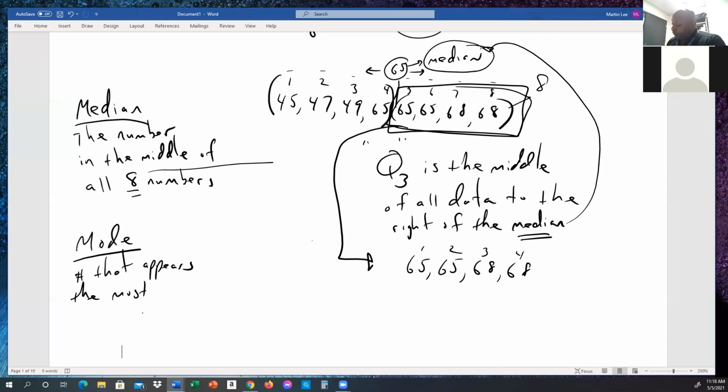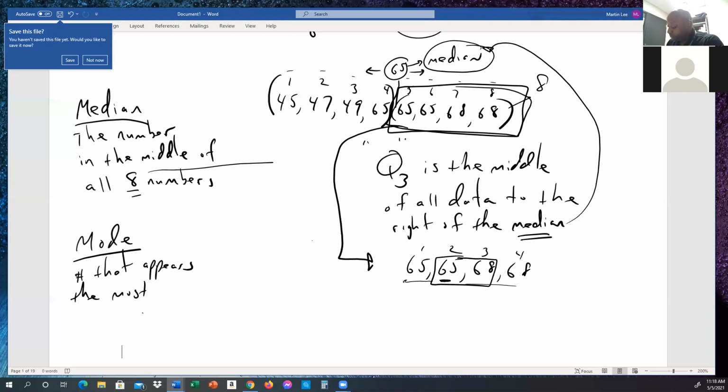If I divide this 4 by 2, this will put me at this 65, but to the left of this I only have 1 number, and to the right of it I have 2 numbers, so it can't be the median. So I'm going to have to use the second and third number, take their average, and that's going to be my Q3.